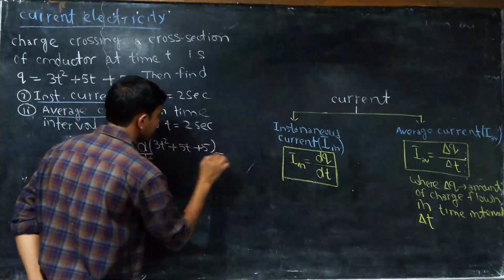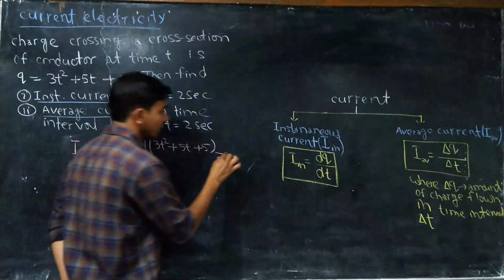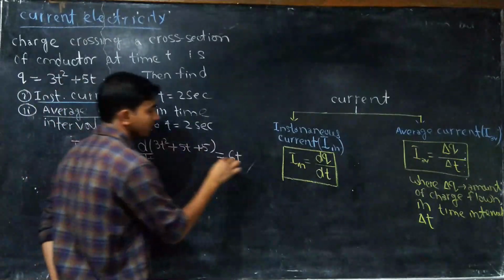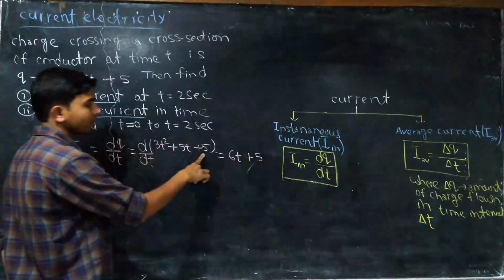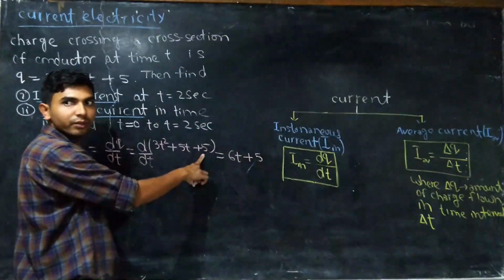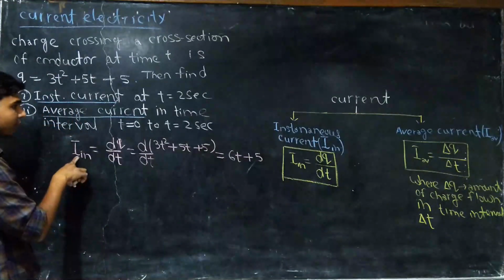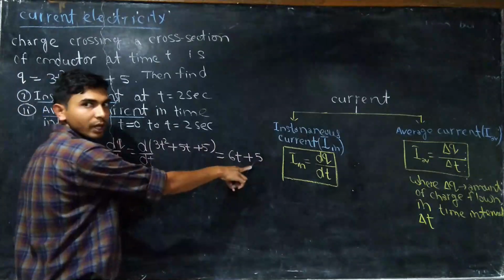Differentiation of 3t square is 6t, differentiation of 5t is 5, and 5 is a constant, so its differentiation will be 0. So instantaneous current is coming as a function of time, right?